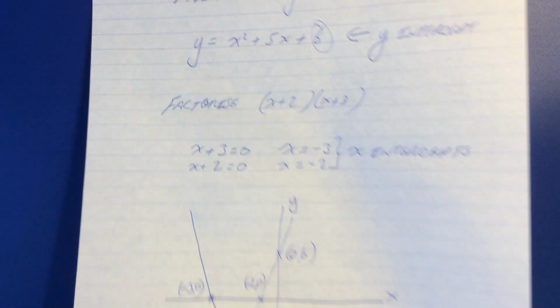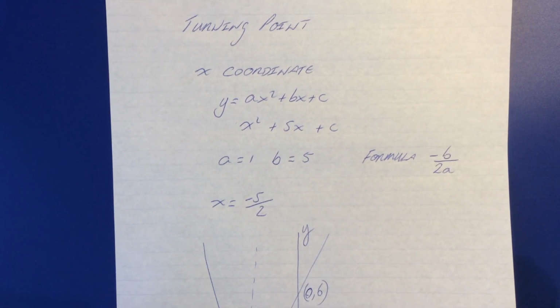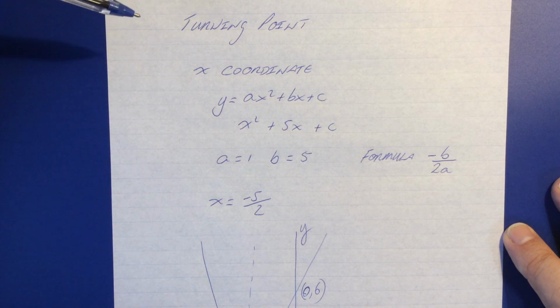Now, we're going to go after the turning point. So the first thing that we're going to look for is the x-coordinate of the turning point. We're going to use the same equation, so we're dealing with the same graph.